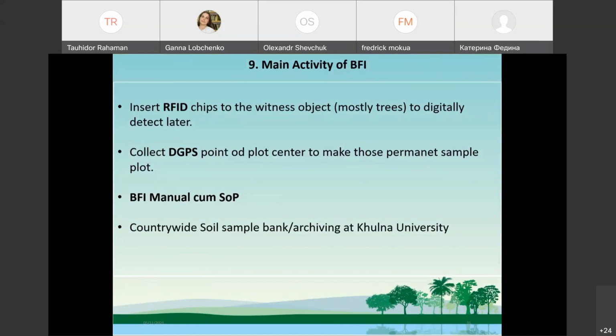As we know, the DGPS is able to give us very precise plot centers, maybe 2 centimeter accuracy. It can go up to that. And we also developed a BFI manual, a standard operating procedure for that. We also developed a countrywide soil sample archive at Khulna University, which has been collected during this data collection process of the National Forest Inventory.